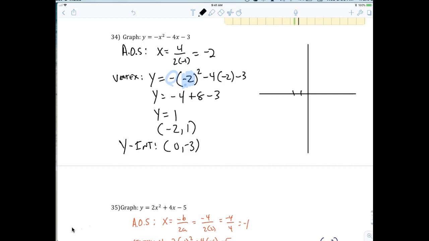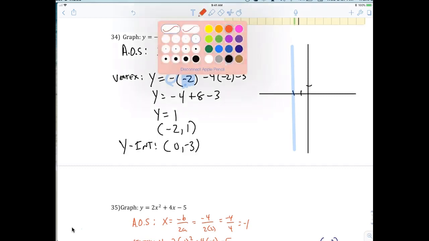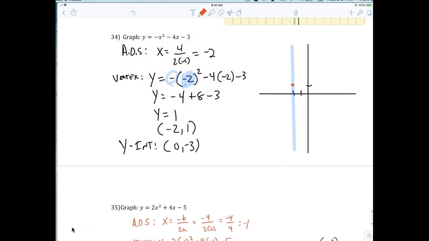Then we're going to -2, 1. Everybody with me? And then my y-intercept is 0, -3. Count over how many? 2. So I count over 2 more. That would be right here.